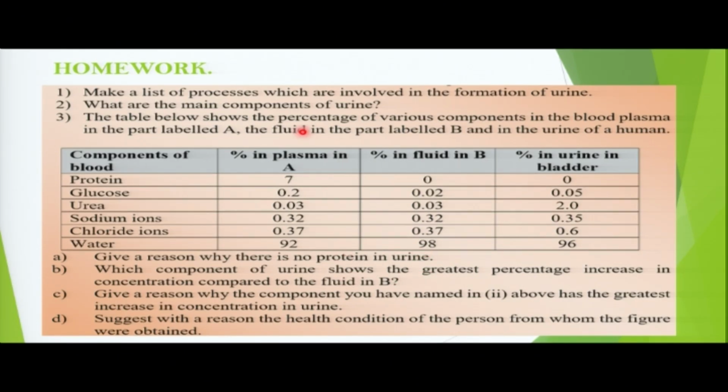So be ready. We have A and B, and you will be able to compare. And then finally, you will give a reason why the component you have named above has the greatest increase in concentration in urine. Suggest a reason and a health condition. So you do this question.